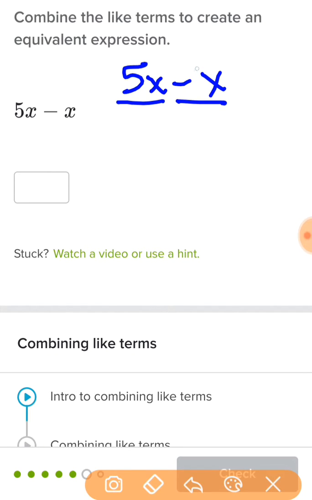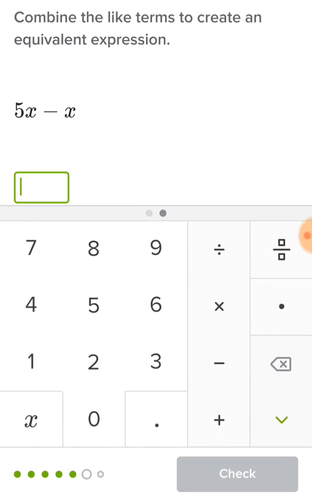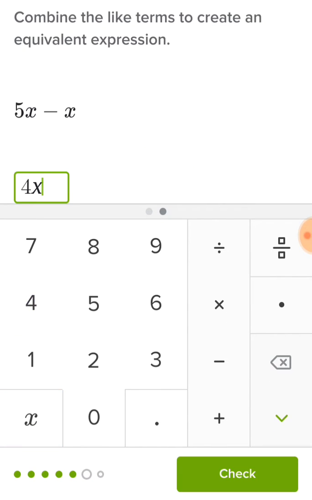So I literally have the right to write a 1 in here when there is no number. So this will be 5x minus 1x, and then 5 minus 1 is 4, so the result will be 4x. If I have 5 x's, I took 1 x away, that leaves me with 4 x's.